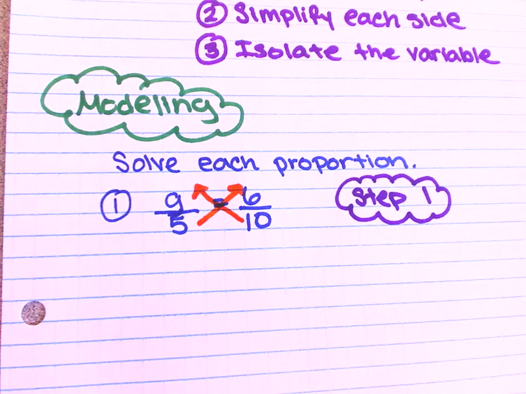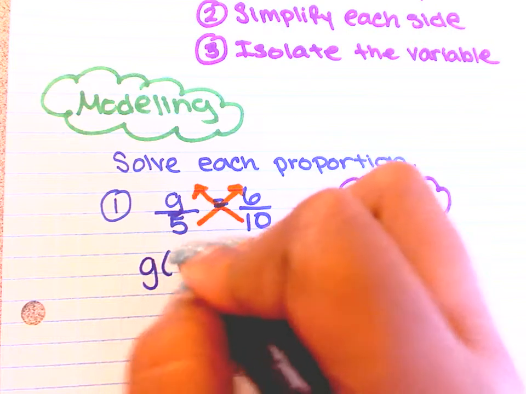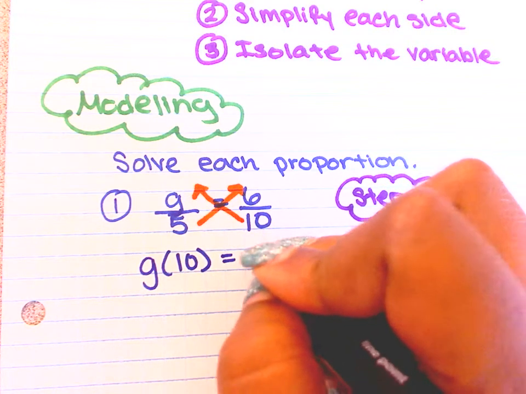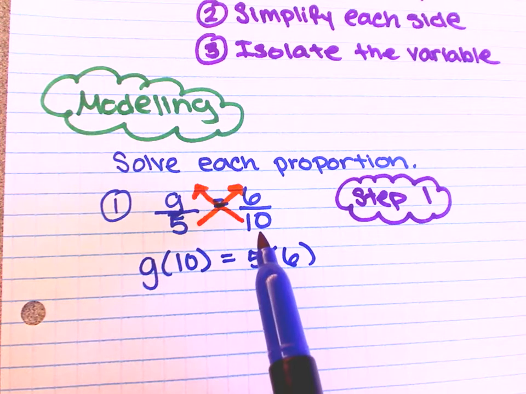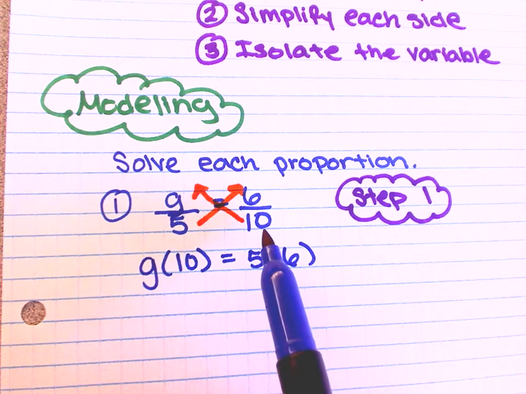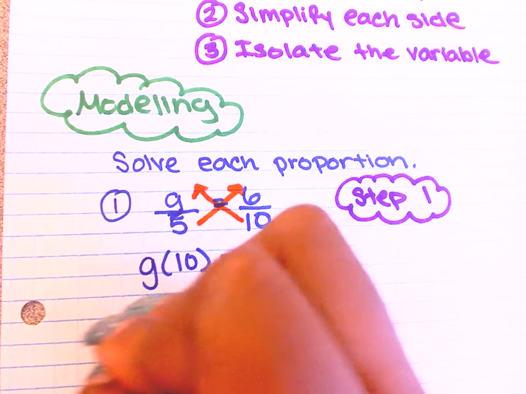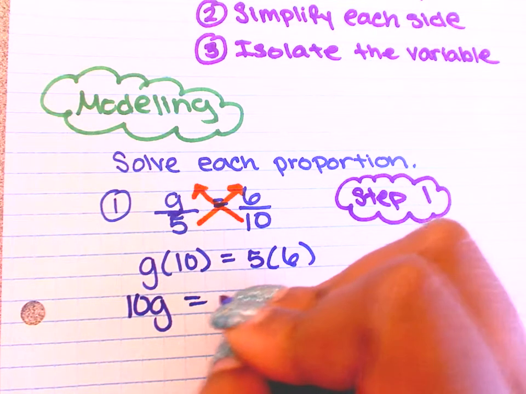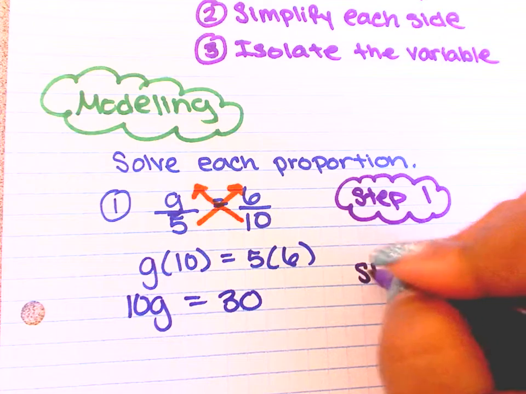Step 2, we're going to simplify each side, so I'm going to rewrite it. So G times 10 equals 5 times 6. You got to cross multiply. That's why I draw the arrows, so make sure you draw the arrows. 10 times G, 5 times 6. So I'm going to simplify each side. So 10G equals 30. That was my step 2.